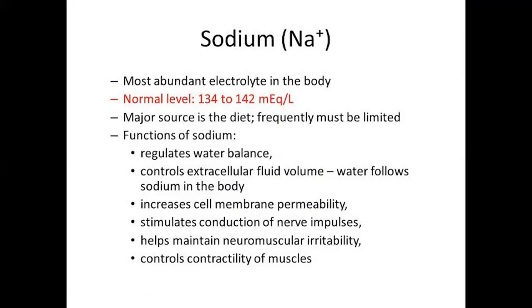It maintains a normal acid-base equilibrium. Sodium and potassium ions react with weak acids like carbonic acid to form buffers and regulate blood pH at 7.34. It increases cell permeability, stimulates the conduction of nerve impulses, helps maintain neuromuscular irritability, and controls contractibility of the muscles.